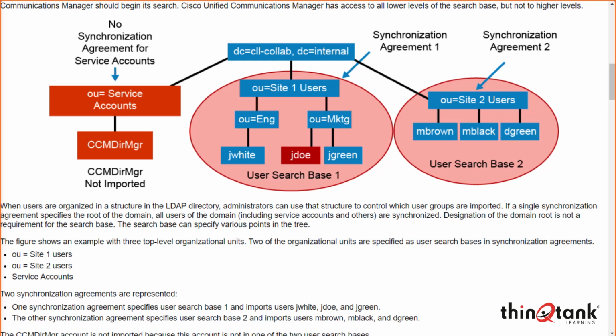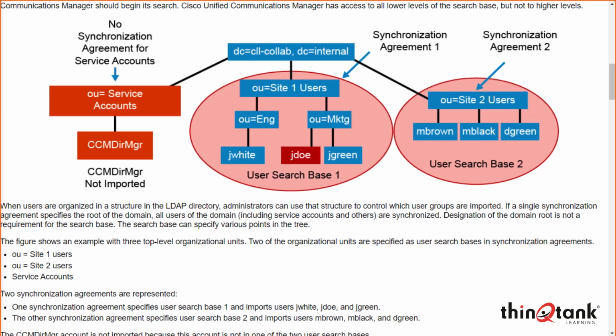Usually we would just create a service account that provides us the ability to only look at the objects that we need within the domain structure, based on the user search base that we've specified within the configuration of the synchronization agreement. That synchronization agreement has to specify the FQDN of that service account.